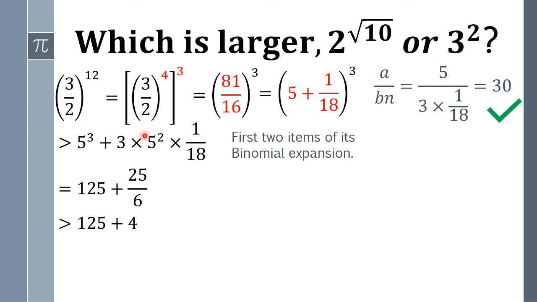We can get the value larger than 129, which is larger than 128, which is 2 to the power of 7. And from here, we can get 2 to the power of square root of 10 is less than 2 to the power of 19 over 6, less than 3 squared. The problem gets solved here.